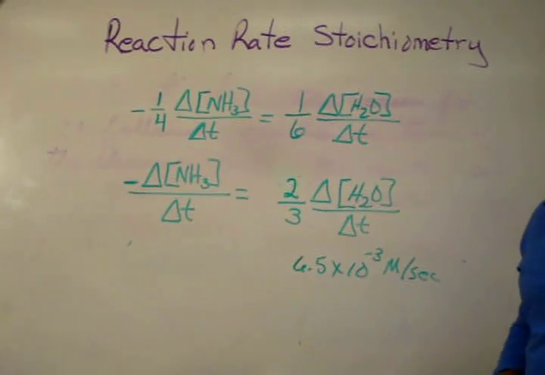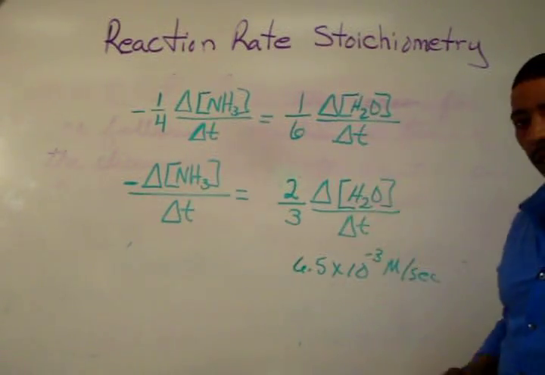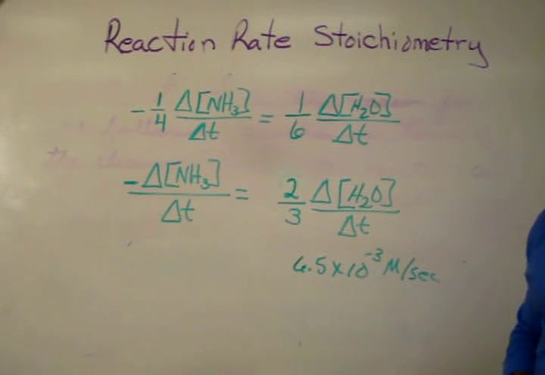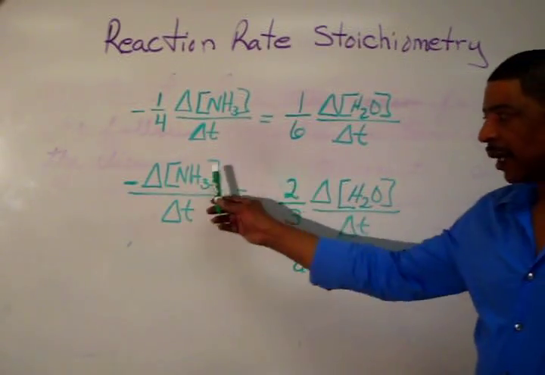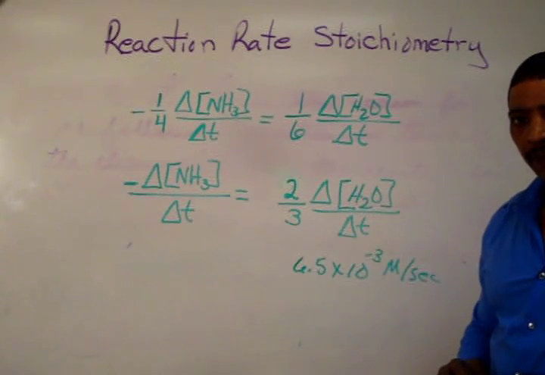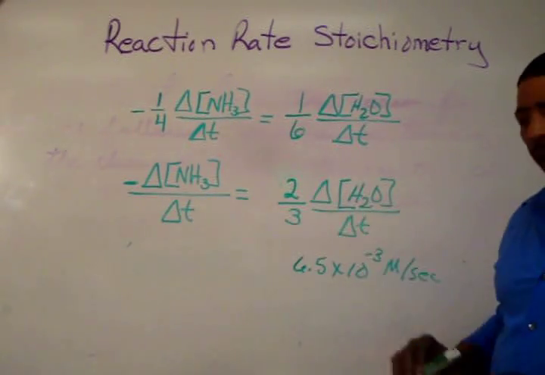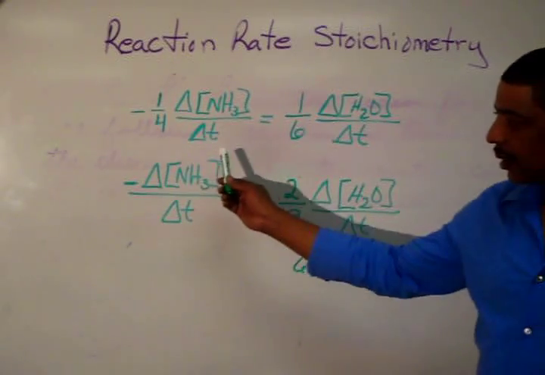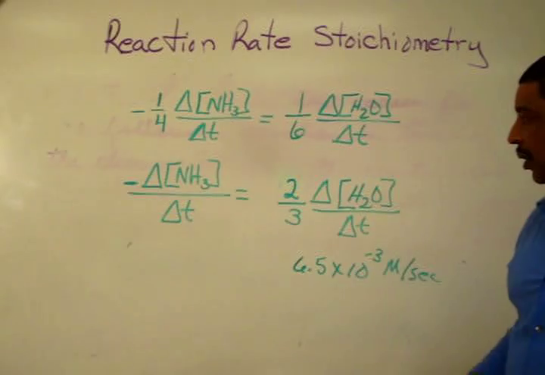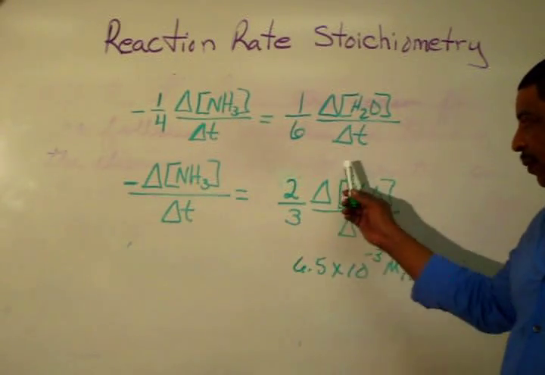Suppose the rate of appearance of the water was found to be 6.5 times 10 to the minus 3 molar per second. What would be the rate of disappearance of the ammonia? In this case, the rate of disappearance of ammonia is equal to 2/3 the rate of appearance of the water.